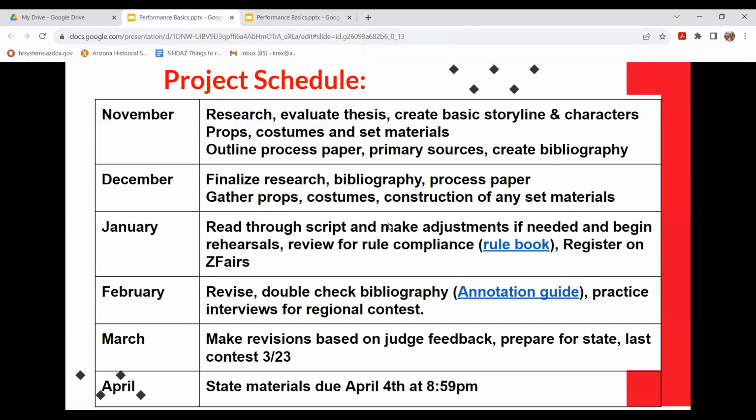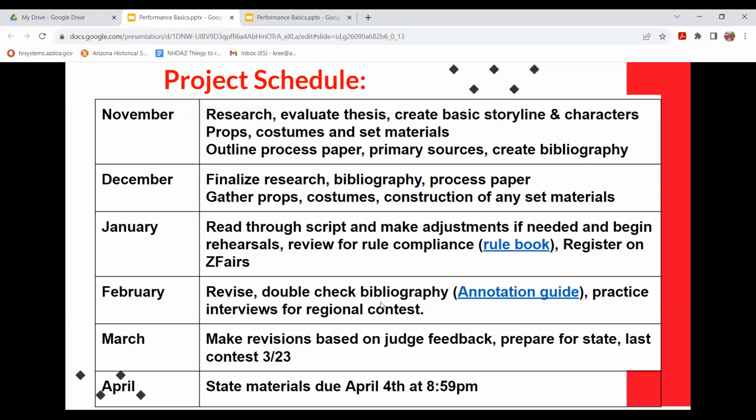In March, some of you have contests. We're adding Yuma this year, and they're going to already be performing in February. But February and March is the critical time to get your practice in. Your regional contests are done. If you make it to state, the judges' feedback is what you definitely want to focus upon to prepare for state.